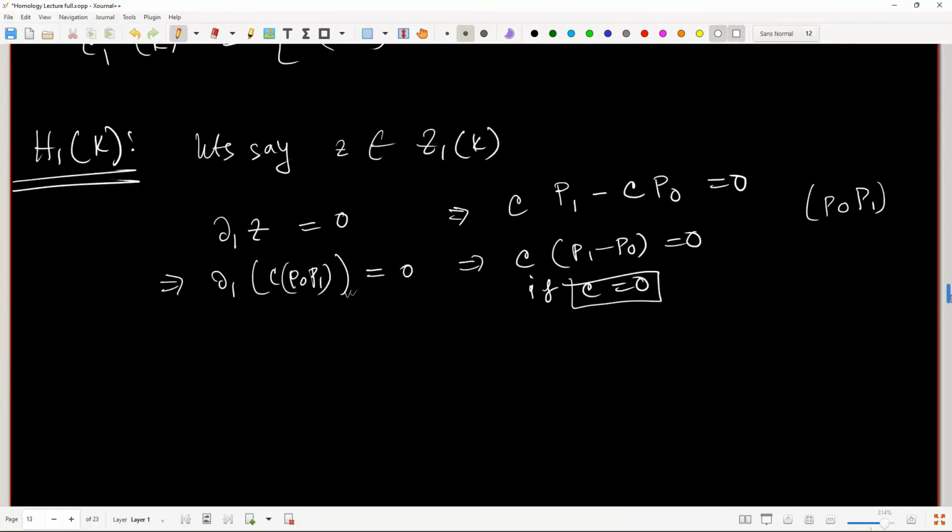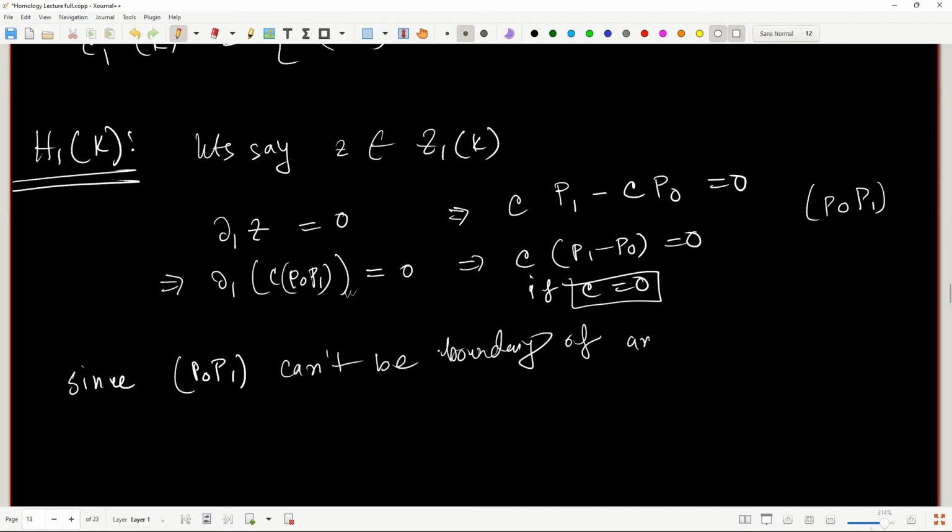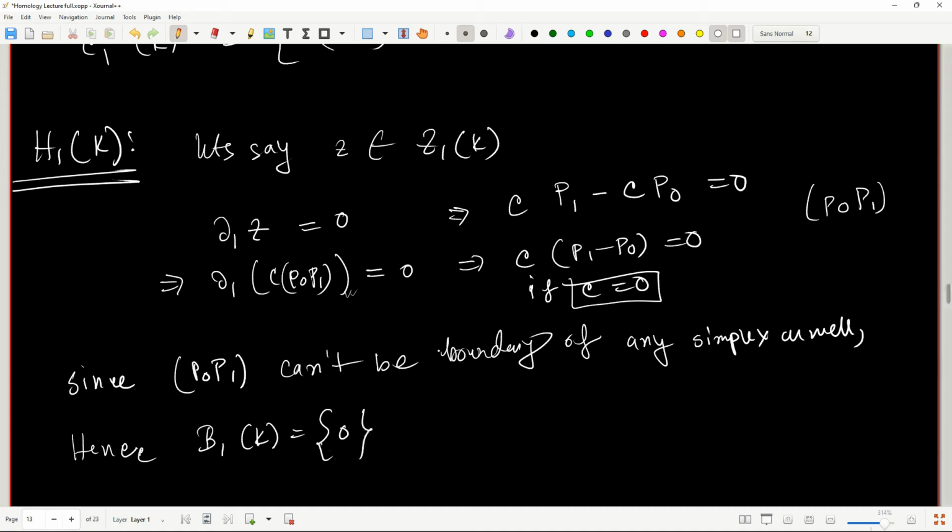So since P0 P1 can't be the boundary of any simplex as well, hence B1 of k is 0, like this.